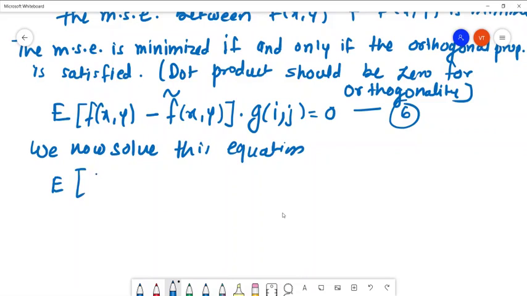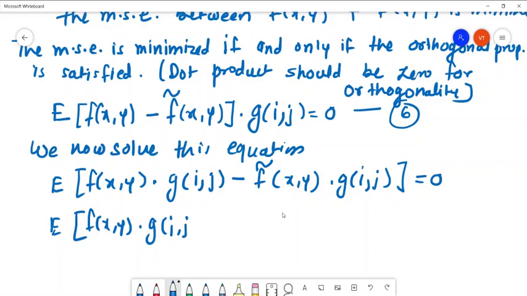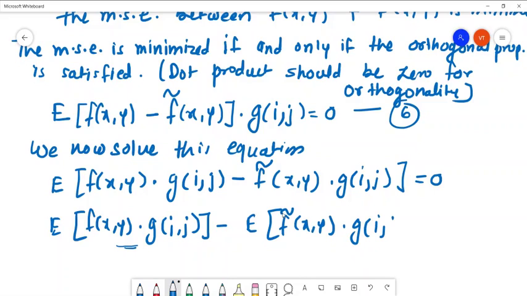We will get E[f(x, y) dot g(i, j) minus f tilde(x, y) dot g(i, j)] equal to 0, which can be rewritten as E[f(x, y) dot g(i, j)] minus E[f tilde(x, y) g(i, j)], this is the autocorrelation, right? Equal to 0. This is equation 7.